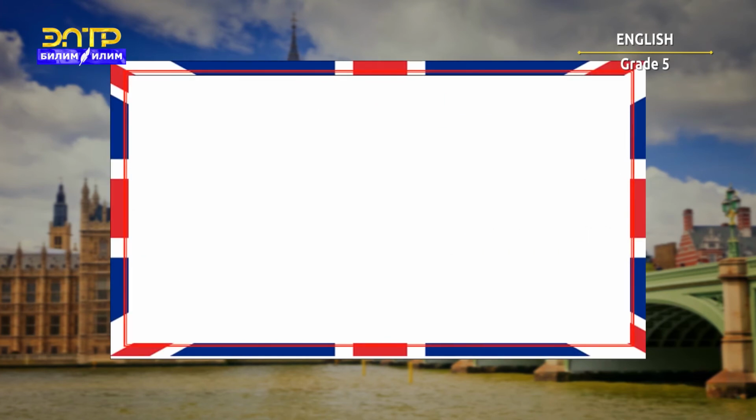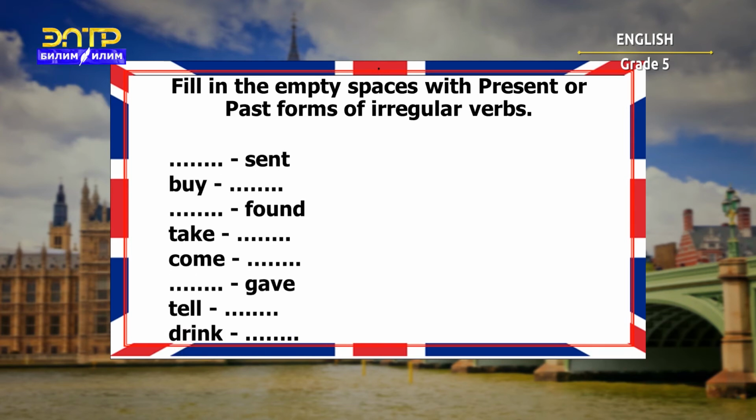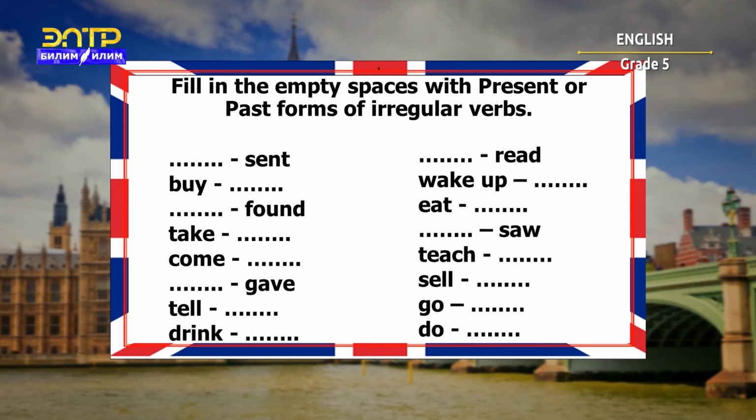Now let's do some practice with the irregular verbs. Do you remember all of them? Fill the empty spaces with present or past forms of irregular verbs.